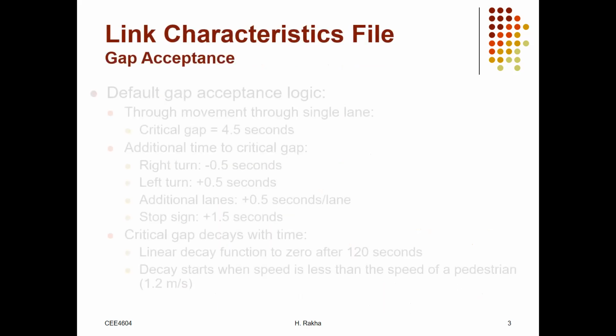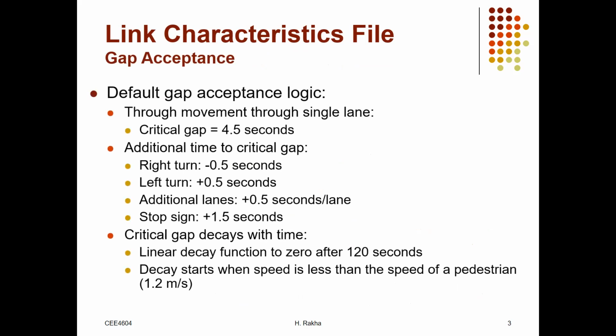Okay. So let's then move on. Another thing that you have in integration is what we call the gap acceptance. And the gap acceptance is when you have a permissive movement, you as a driver are looking for a gap in the conflicting flow, or what we call the opposing flow, in order to safely execute your maneuver.